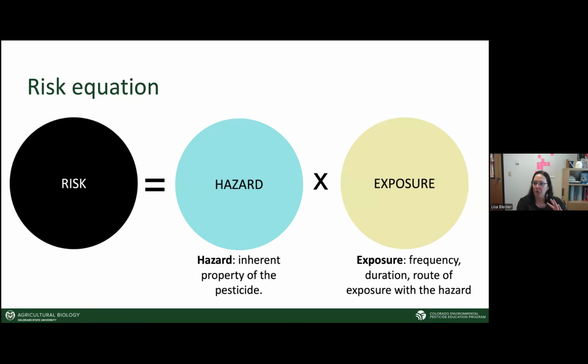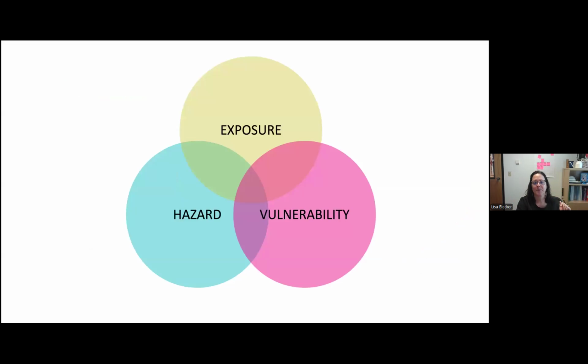So let's walk through a visual of this. It's like a complicated Venn diagram. EPA looks at hazard, or the toxicity of the chemical; exposure, how much is allowed to be used in the environment; and vulnerable populations, to make sure no one population is more adversely affected.